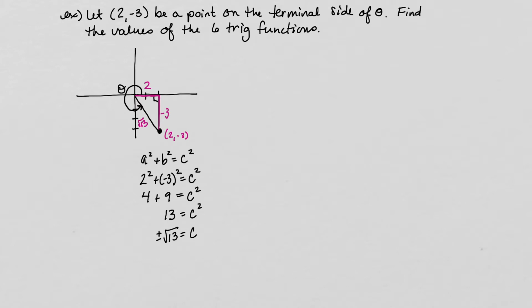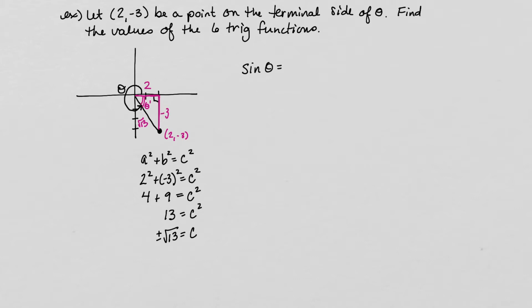Okay, so now I have my triangle, and inside here, this is theta prime, that's the angle we're going to be working from. All of our trig functions for theta are going to be the same as for theta prime. So we're looking for the sine of theta.